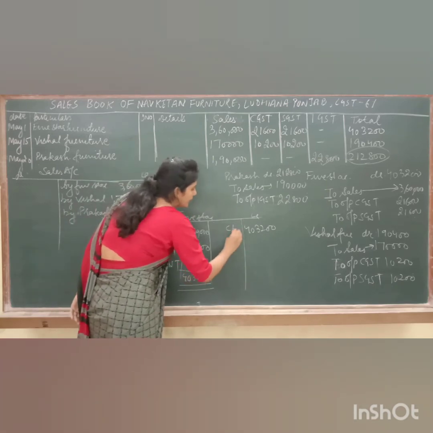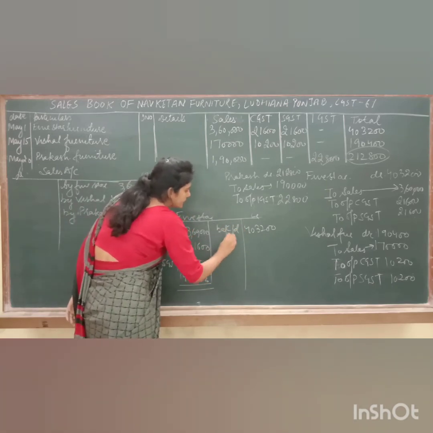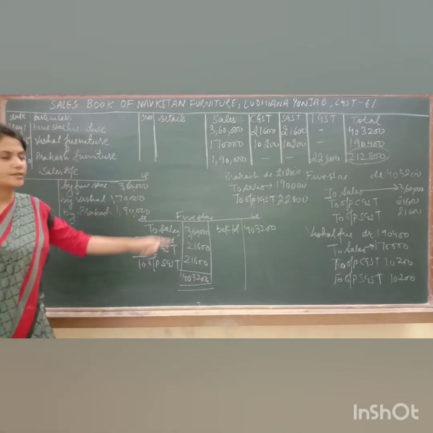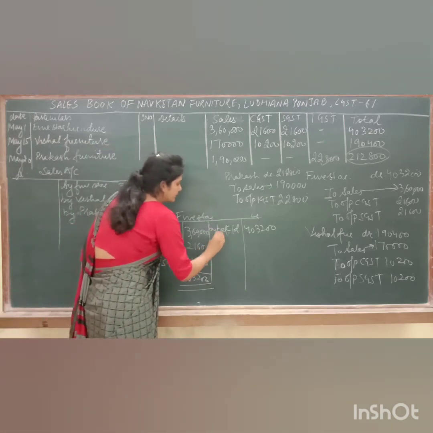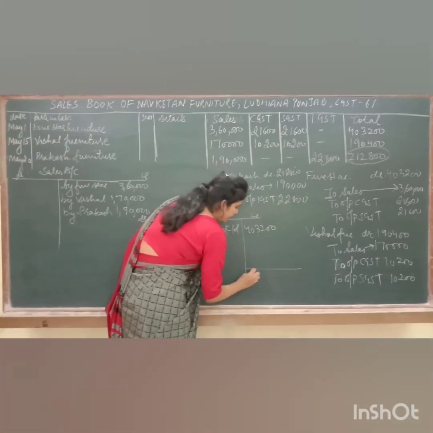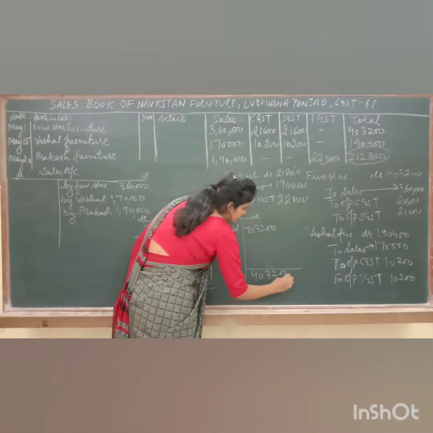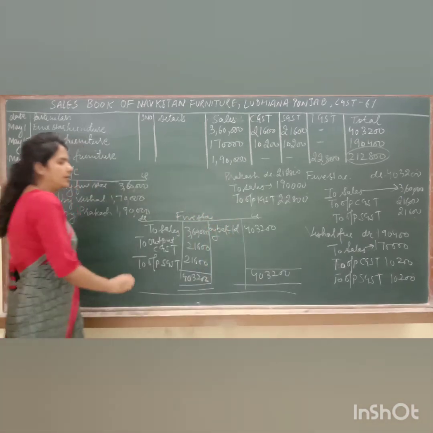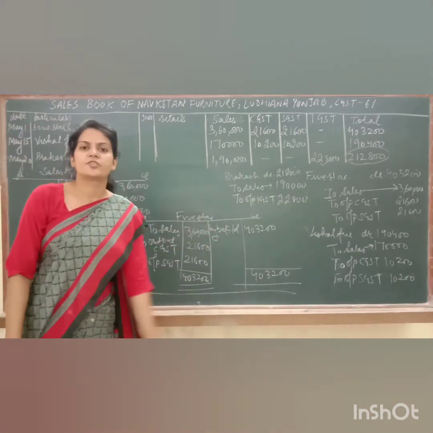So I'm going to carry down the balance, but whatever we write on the credit side always starts with the word by. So by balance carry down, and then by the total here also. And then make the accounts of Prakash and Vishal on your own.